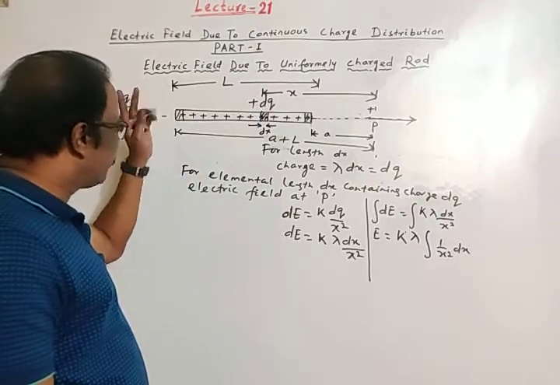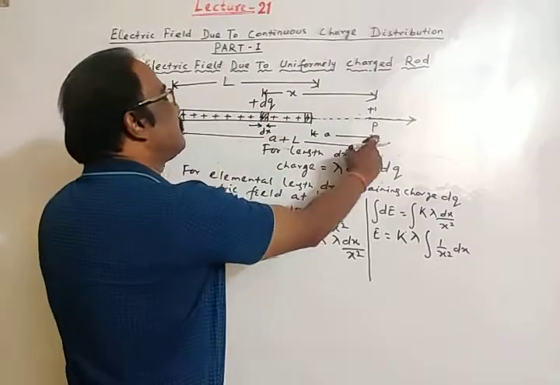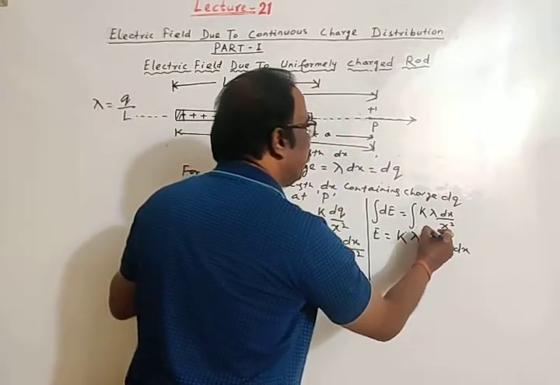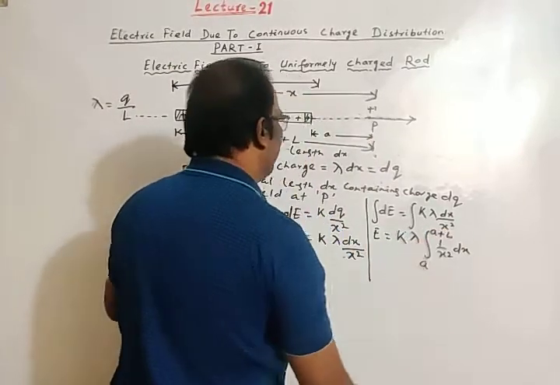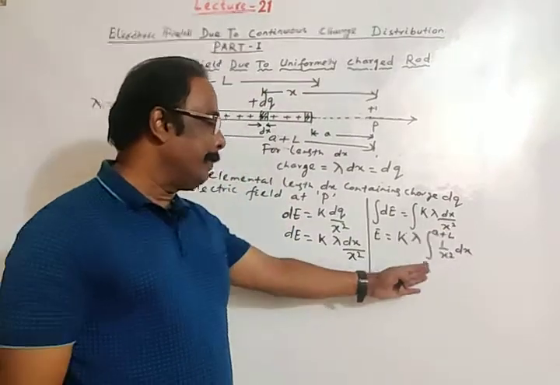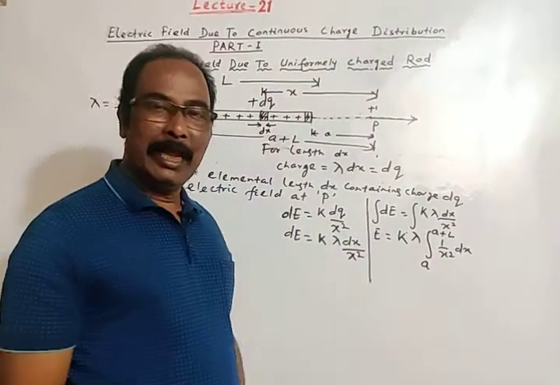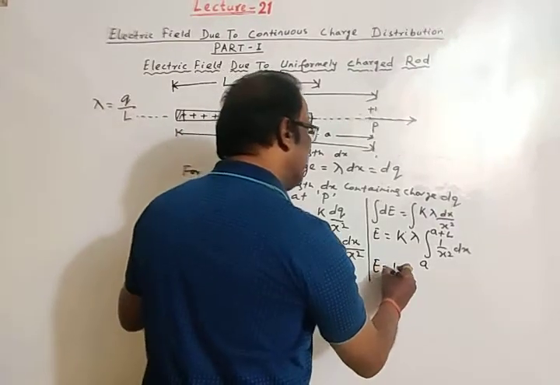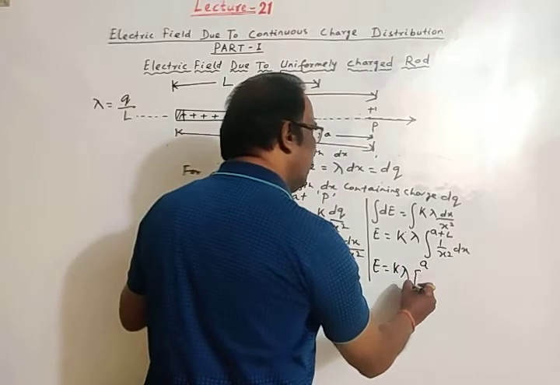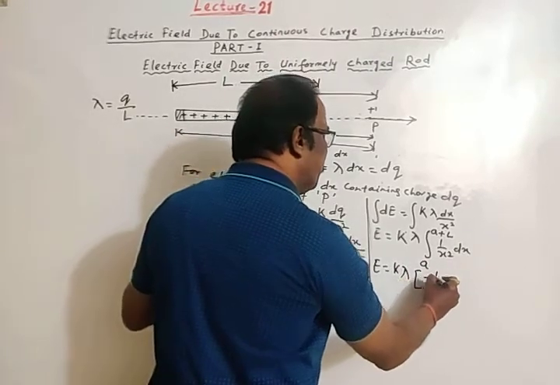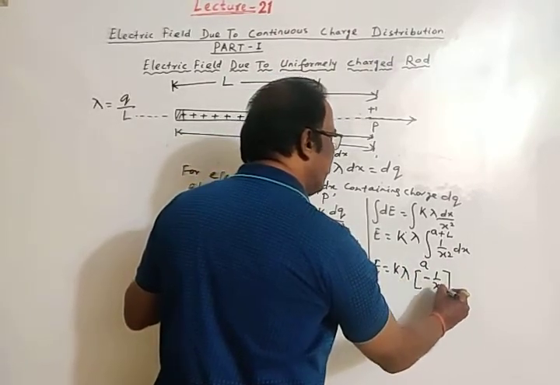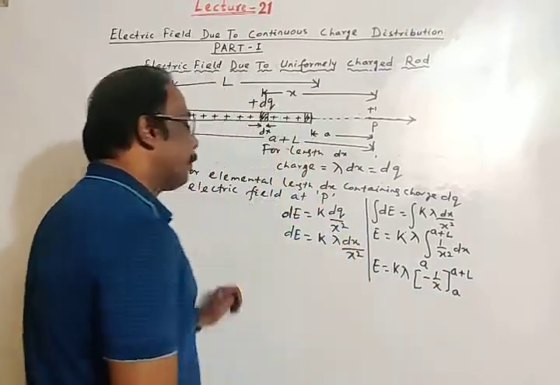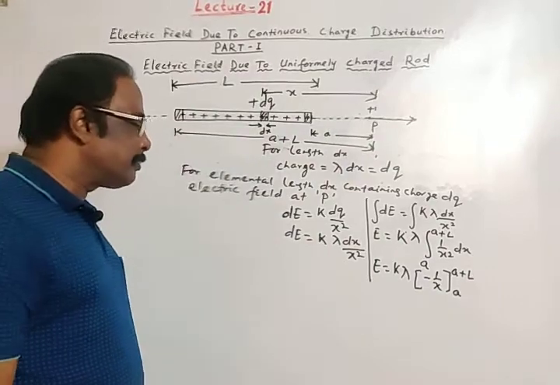Then from the final end, the distance is a plus L. Then the limit will vary from a to a plus L. The lower limit is a and the upper limit is a plus L. Then electric field intensity is k into lambda, integration of 1 by x square, which, as you know, equals minus 1 by x, and the limit varies from a to a plus L. Now it is simpler.